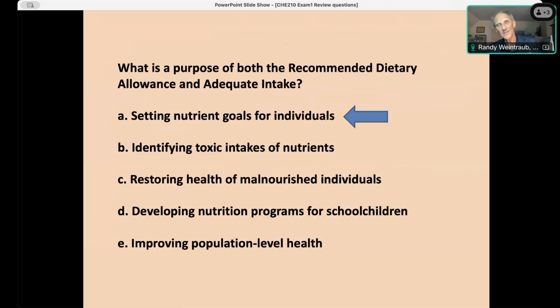The difference is we could look at populations, but the reason to set these is to provide some good assurance, statistically valid, for individuals.